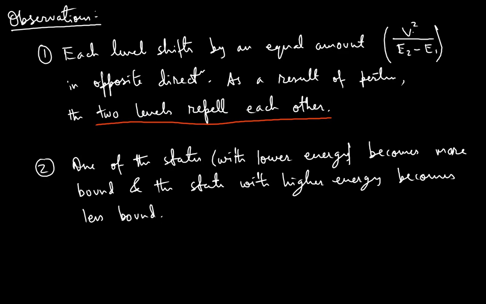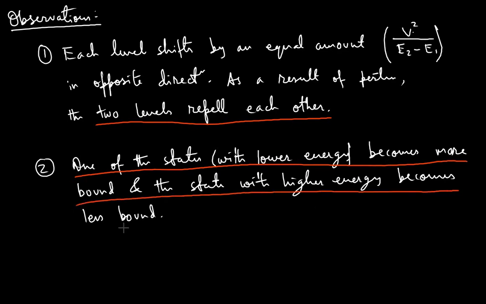Okay, so this is the next observation. So the state with lower energy becomes more bound, and the state with high energy becomes less bound. So these are very important observations.